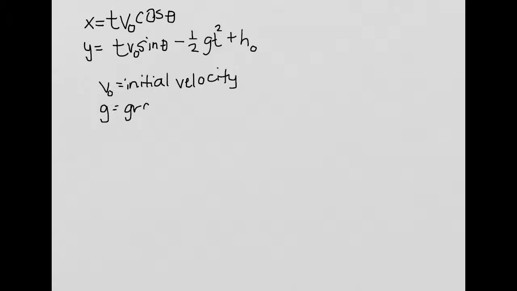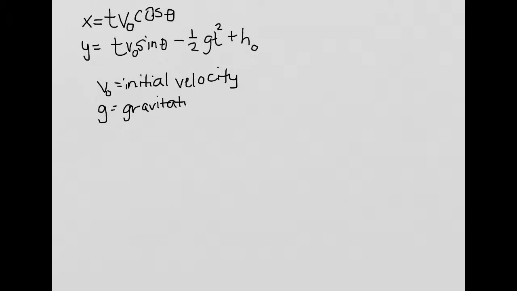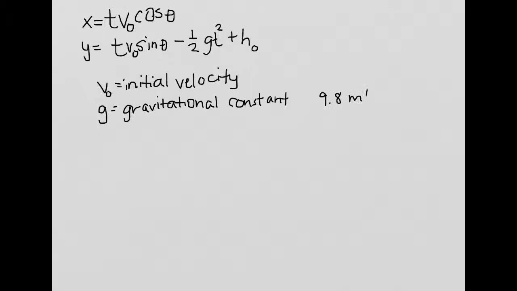Now, the gravitational constant is going to be dependent upon whether you're using metric units or English units. The gravitational constant in metric units is 9.8 meters per second squared, and the constant in English units is 32 feet per second squared.